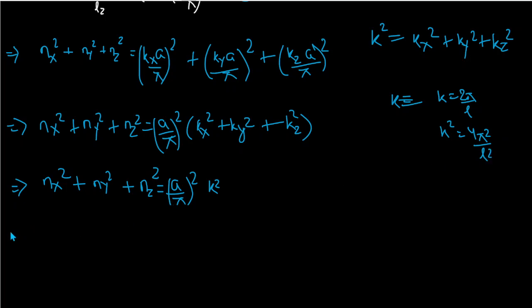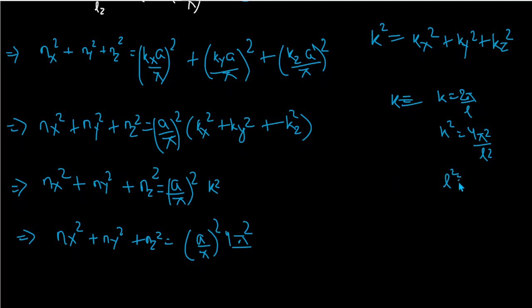Okay, now nx square plus ny square plus nz square is equal to a by pi whole square and 4 pi square upon lambda square. So I will put lambda square as c square divided by mu square.